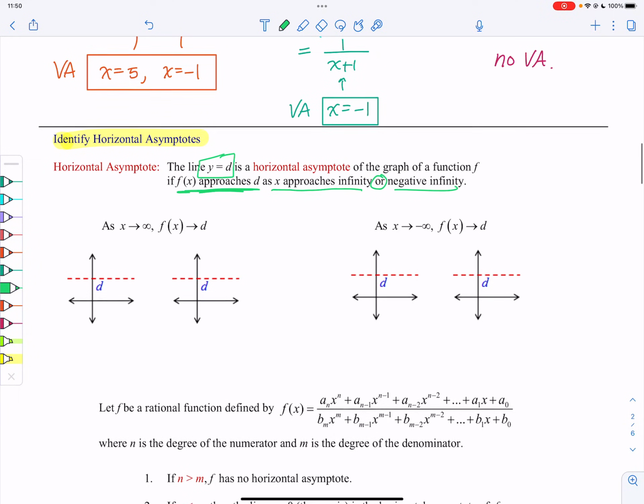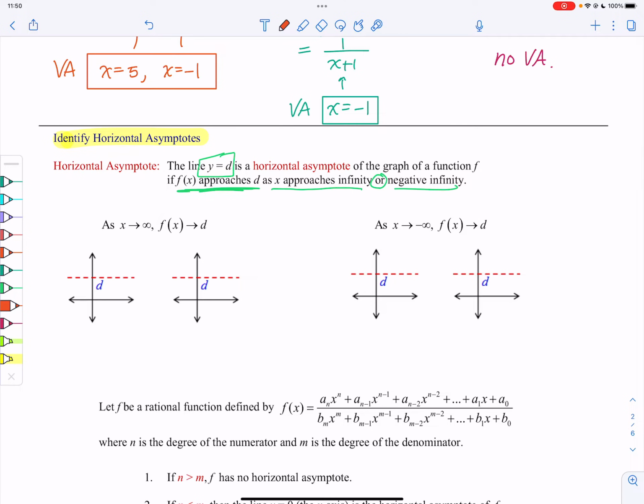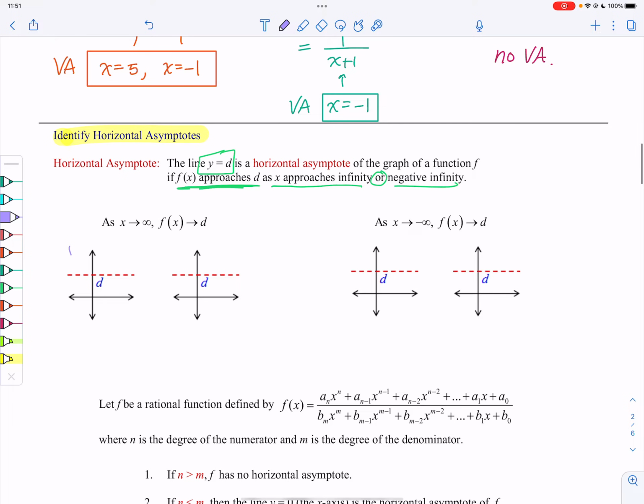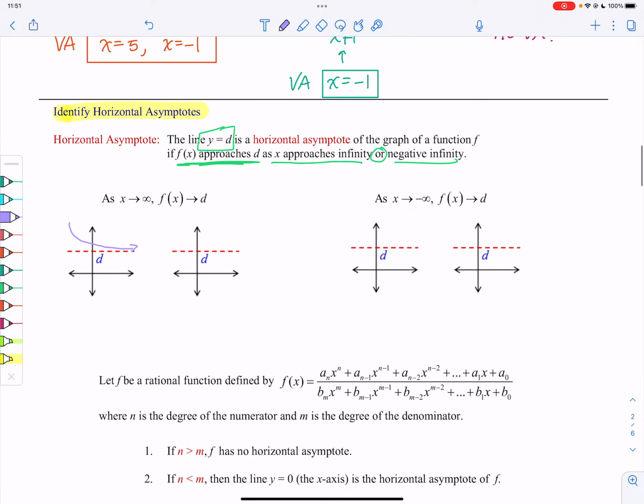Let's look at case number 1. As x approaches positive infinity, the y value is approaching d. So y equal to d is a horizontal asymptote.